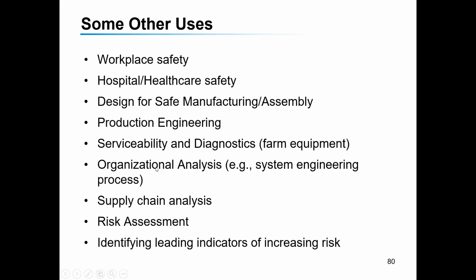It's been used in organizational analysis. For example, the systems engineering process itself was analyzed with it. It's been used in supply chain analysis. We're now working on improving risk assessment using STPA. And we're also using it to identify leading indicators of increasing risk.